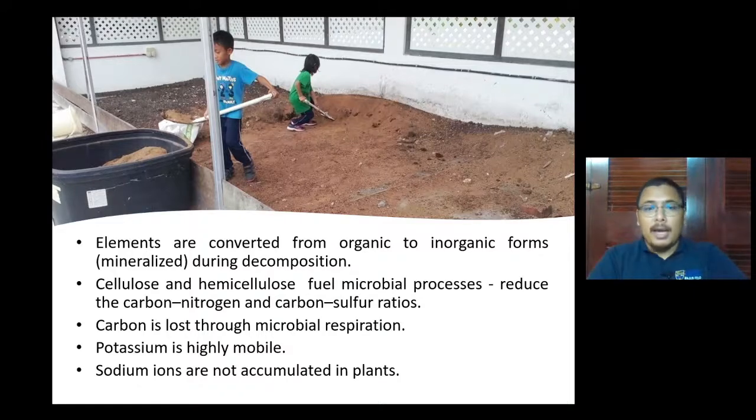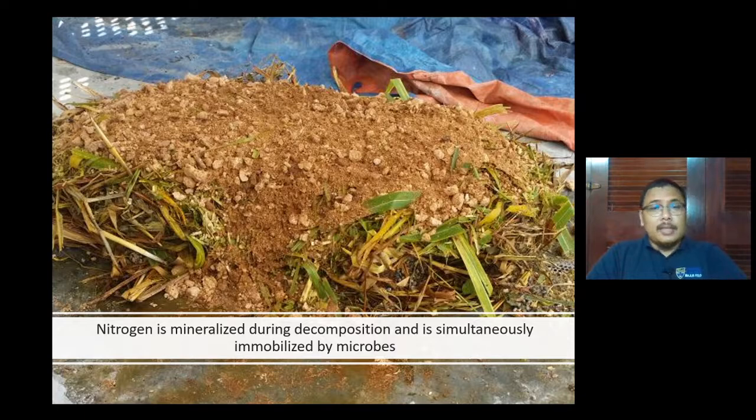Potassium is highly mobile until it encounters exchange sites where it can become fixed. Sodium ions, which are more mobile in soils, are not accumulated in plants, but are actually essential for animals. Nitrogen is mineralized during decomposition and is simultaneously immobilized by microbes, resulting in an increase in the concentration of nitrogen in the litter, and in the absolute amount of nitrogen if it is transported into the litter from soil or by atmospheric nitrogen fixation.